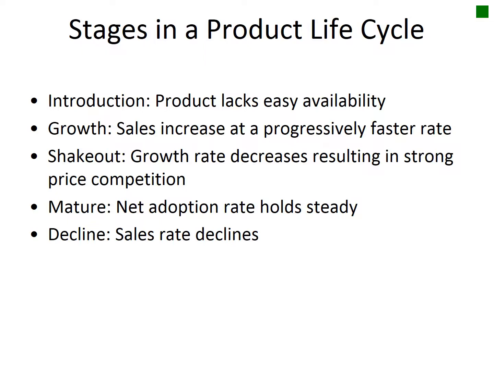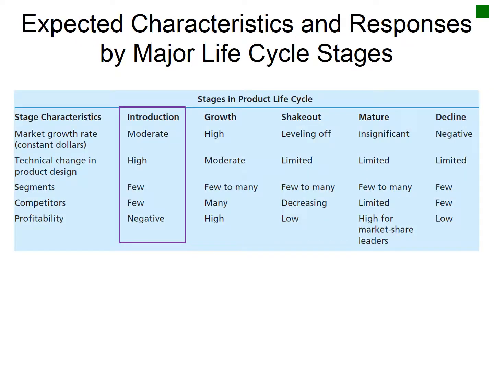After this fierce period of competition during the shakeout, we enter the mature stage, where the market settles down, the product is fairly well known, and competitors don't change so much. Then we fall into the decline stage, where companies have to choose whether they want to stay in the product line, harvest it, or abandon the product and move on to other things. So a number of changes take place as we think about these different product life cycle elements.